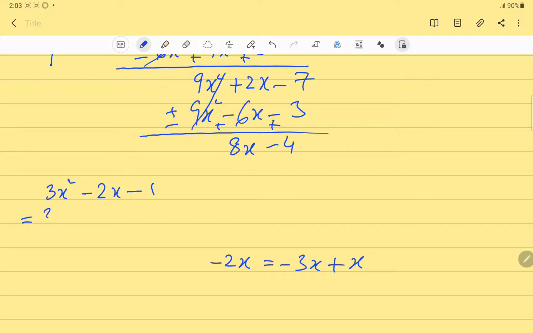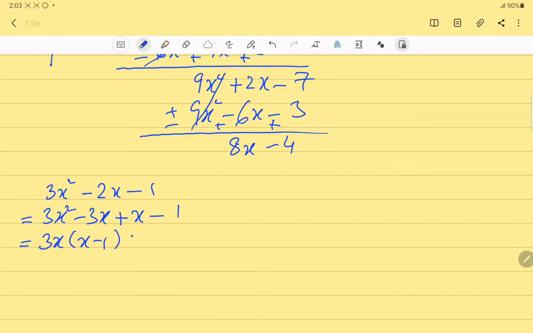So we will write 3x squared and we will replace minus 2x with minus 3x plus x minus 1. In the first two terms 3x is common, so x minus 1, and in the second two terms plus 1 is common, so x minus 1. Now x minus 1 is common in both the terms, so we are left with, in the second bracket, 3x plus 1.